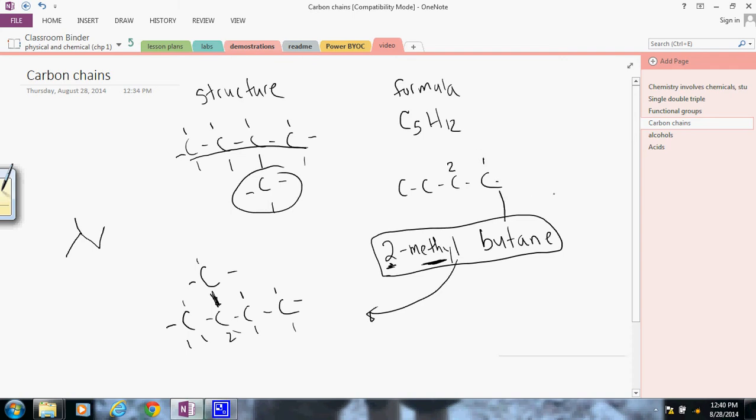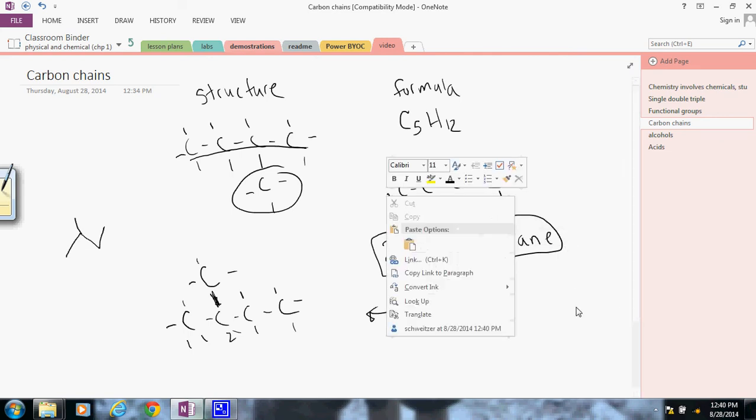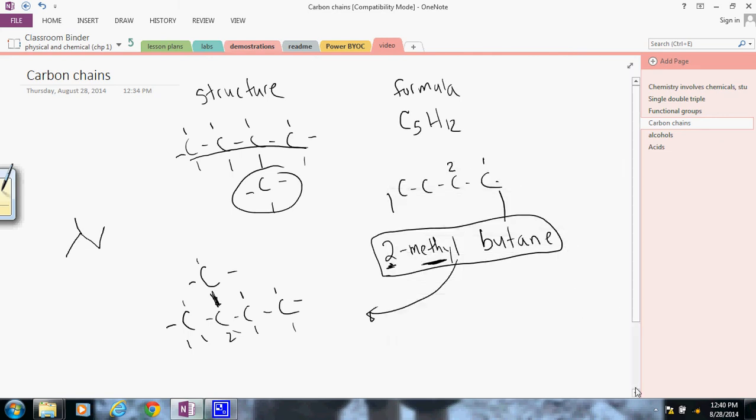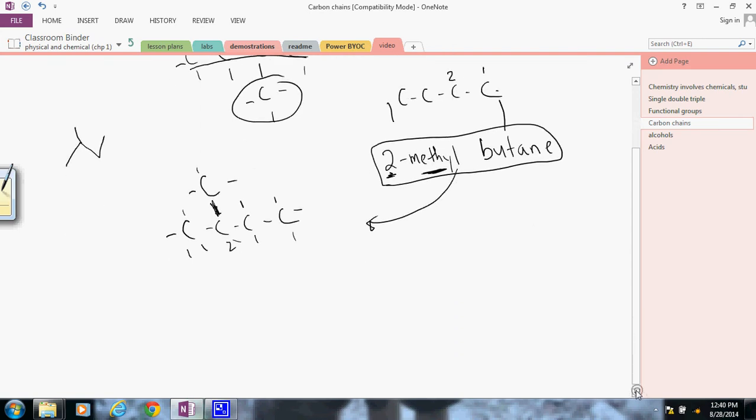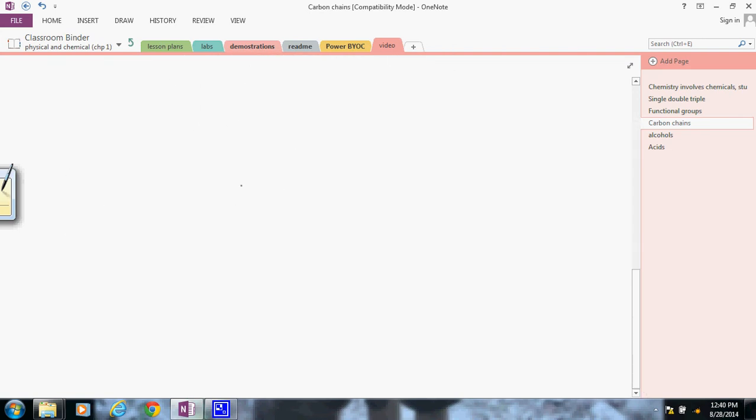Let's go 1, 2, 3, 4, 5, 6, 7, 8, 9, and one more right here. Again, I am zigzagging, it doesn't really matter. It's not really showing its spatialness in 3D anyway. So I count my longest chain.